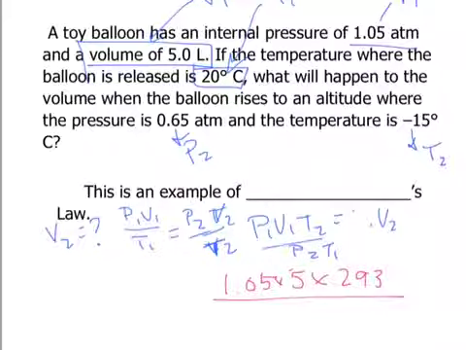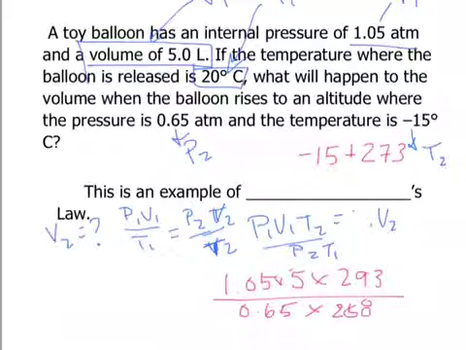P2 times T1. P2 0.65 times, now remember my T2, we're going to take my negative 15 plus 273, so this number is going to be less than 273, right? So we get times 258, and what do we get for an answer?